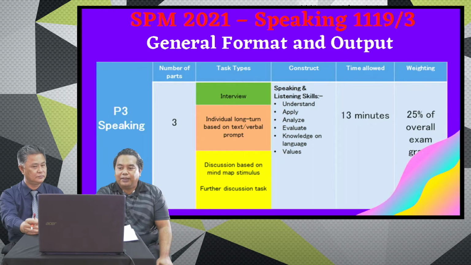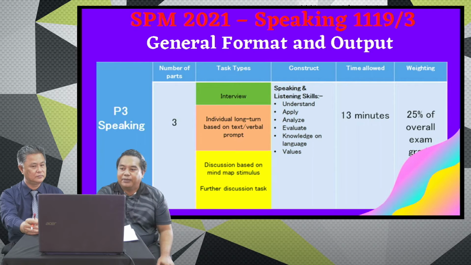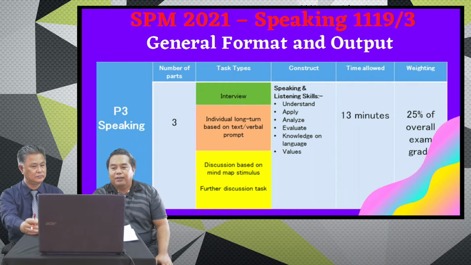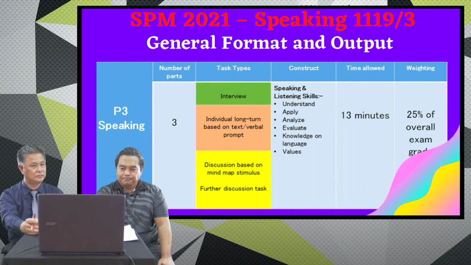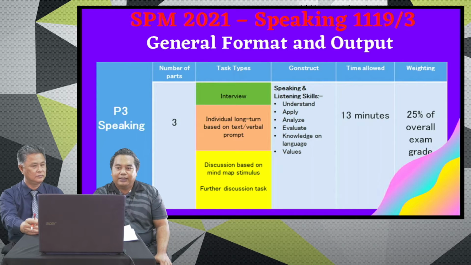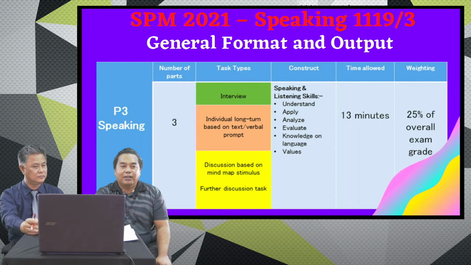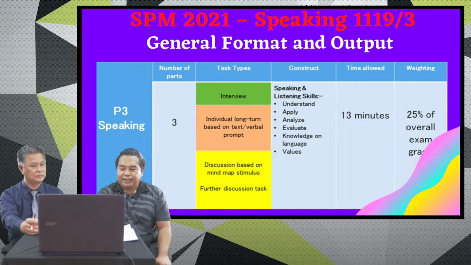Time allowed is 13 minutes. Weighting is 25% of the overall exam grade. So for the speaking test, there will be three tasks, and the weightage is 25%.